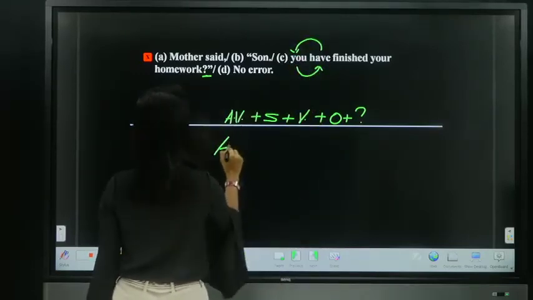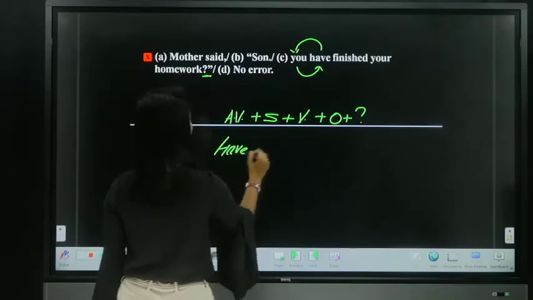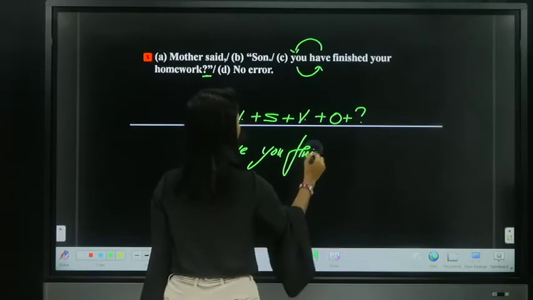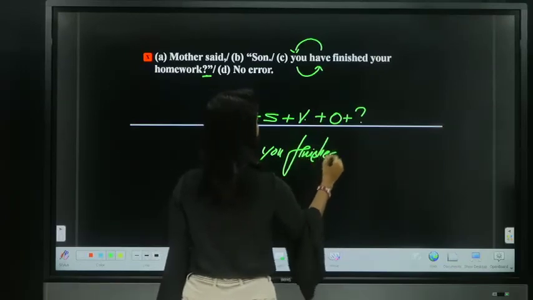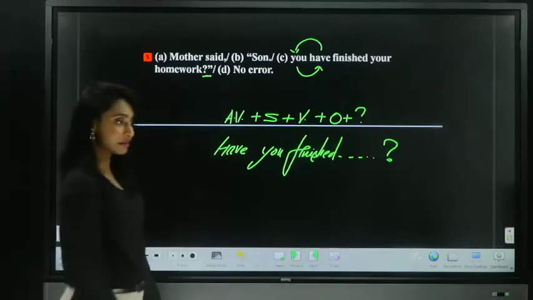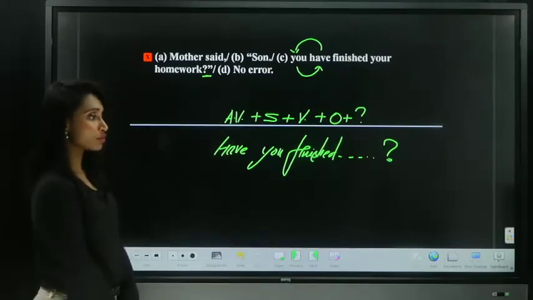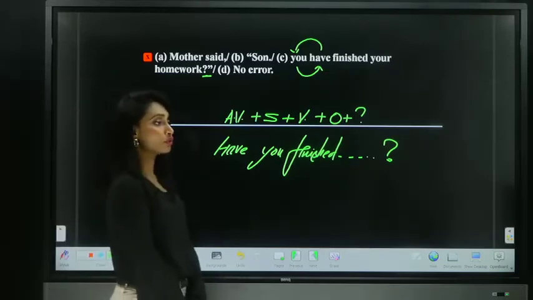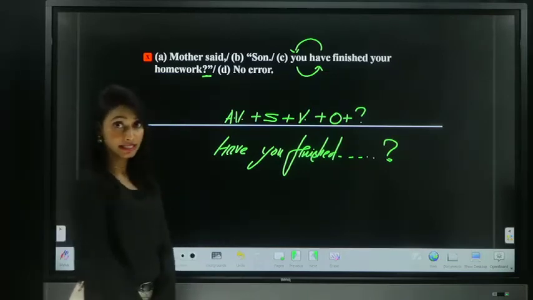So we require the auxiliary verb first: have you finished your homework? So well done, guys. Swapna, it should be V3. Have you finished your homework? Well done, guys. Keep it up.